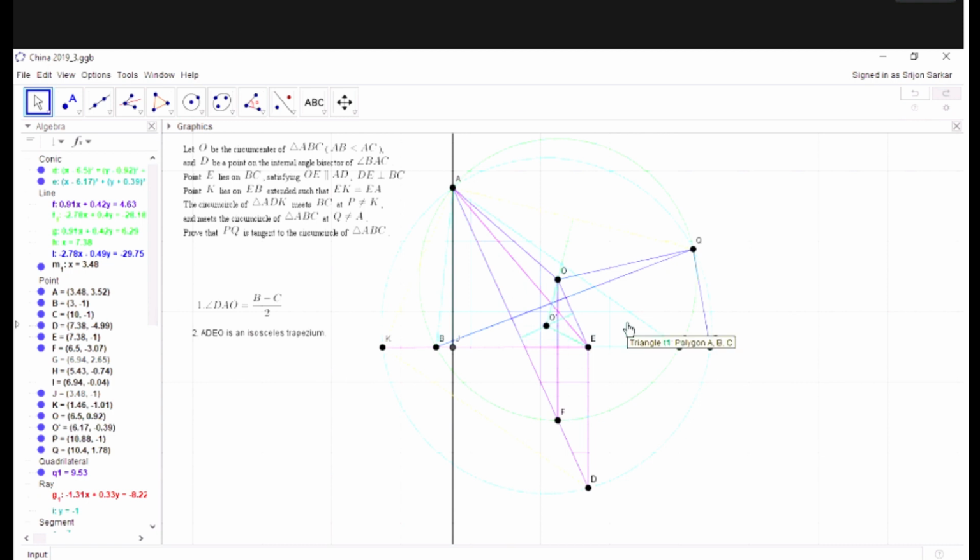Try to keep in mind the alternate segment theorem, and try to angle chase.